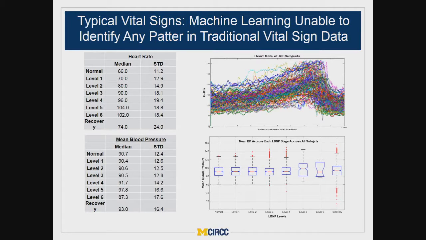But what they do is they monitor high-fidelity vital signs throughout the whole thing: continuous blood pressure monitoring, continuous heart rate, respiratory rate. What you see here is some general trends, but the 95% confidence limits and intervals make it impossible to use any combination of vital signs at any time to predict when they're going to fall out.